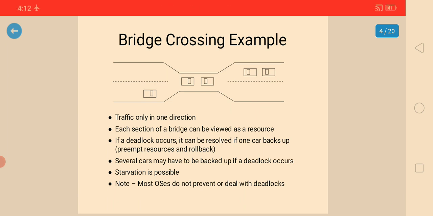Then only can we solve the deadlock. This is preempt resource or rollback. Several cars may have to be backed up if a deadlock occurs. Other vehicles are also coming, and they again wait for a vehicle to back up, so deadlock may occur again. So starvation is possible. Starvation has been possible.